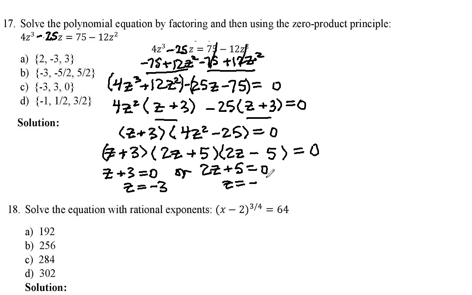Z is negative 5 halves. Or the last piece, 2z minus 5, is equal to 0, in which case bring the 5 over as a positive, divide by 2, z is 5 halves. So plus and minus 5 halves, or negative 3, which is B.